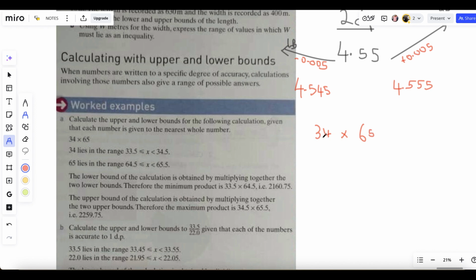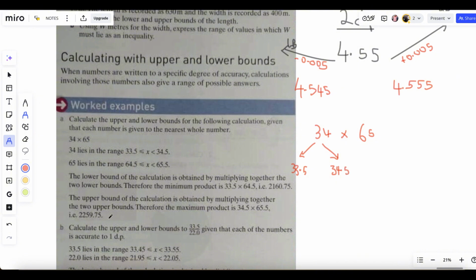You don't just multiply 34 times 65 and then find the bounds of the answer. No, you have to find the upper bound and lower bound of each of these numbers. The lower bound of 34 is 33.5. The upper bound of 34 is 34.5, because you add 0.5.